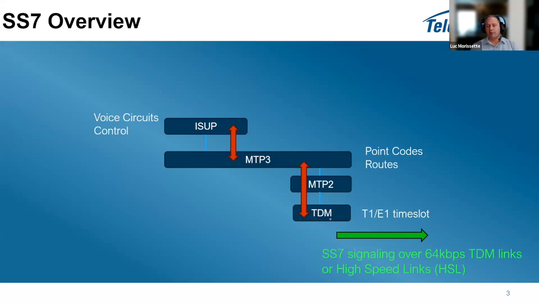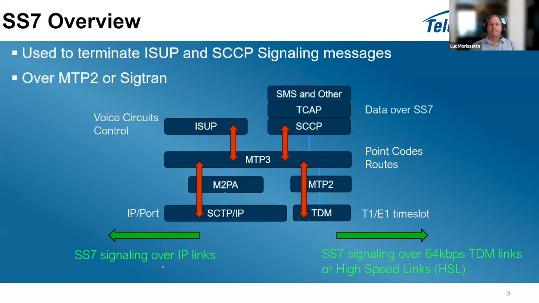The lower layer here is demonstrated by the MTP2, where you can encapsulate data into a TDM T1 or E1 time slot, and it's sent over TDM links at 64 kilobit per second or high-speed links. You can also, instead of sending over TDM lines, send over SIGTRAN lines, and here we demonstrate M2PA, which is encapsulated into IP and SCTP.